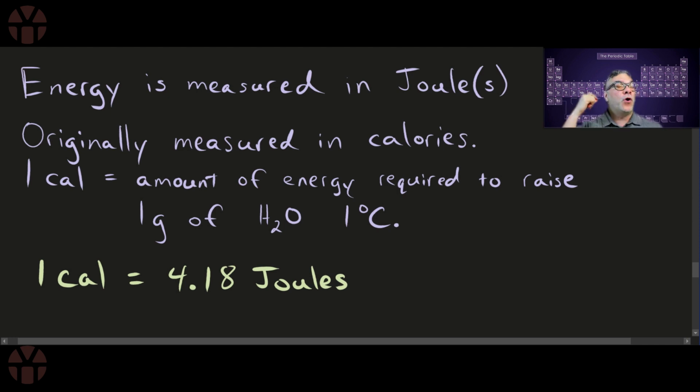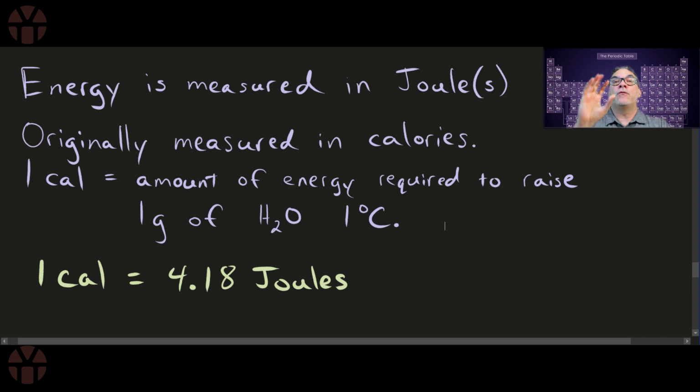If the word joules doesn't sound very familiar, you probably heard of the original term, which was the calorie. A calorie was the amount of energy required to raise 1 gram of water 1 degree Celsius. That was the old school version.